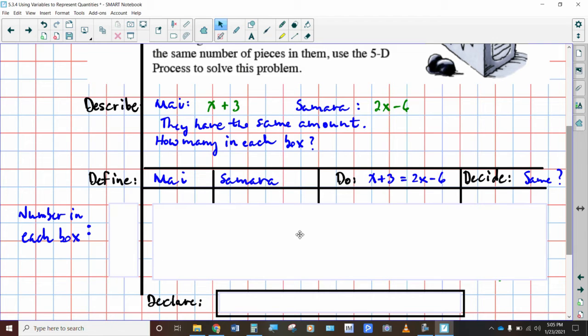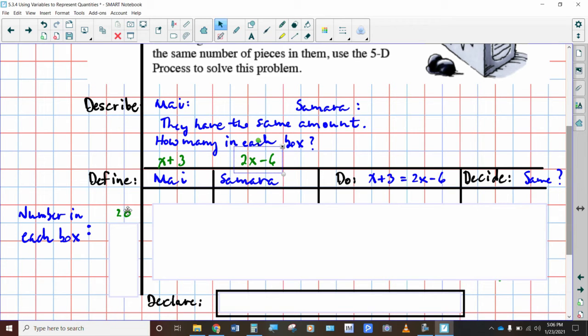Okay? So let's start with just guessing a random number inside the box. So if we guess 20, Mai is going to have, maybe I should bring this down here. She's X plus 3, and Samara is 2X minus 6.